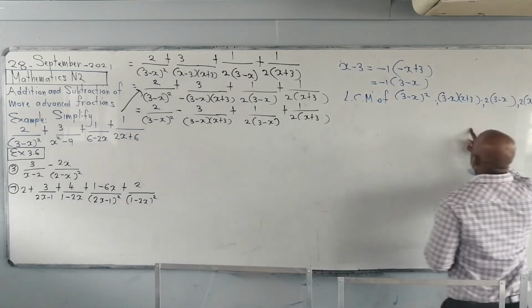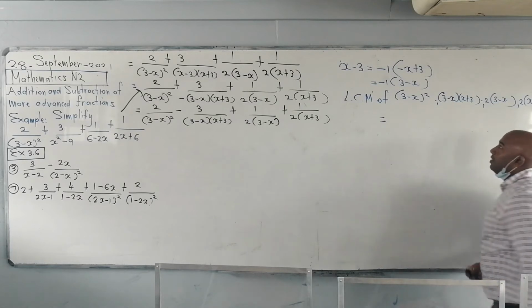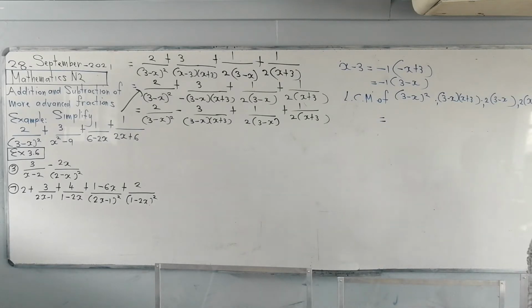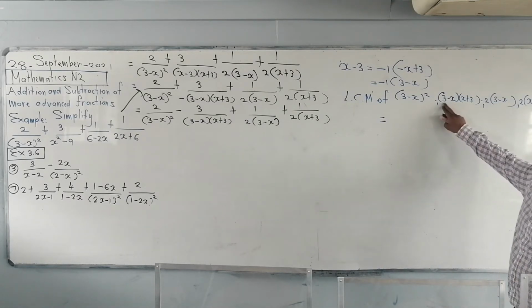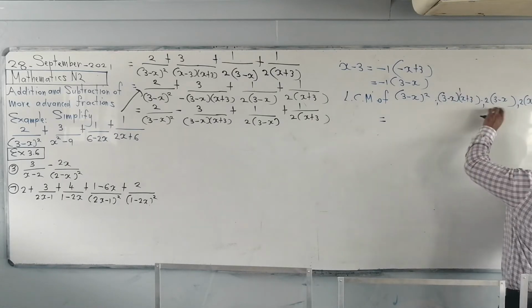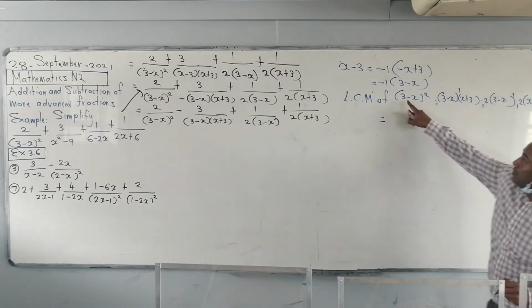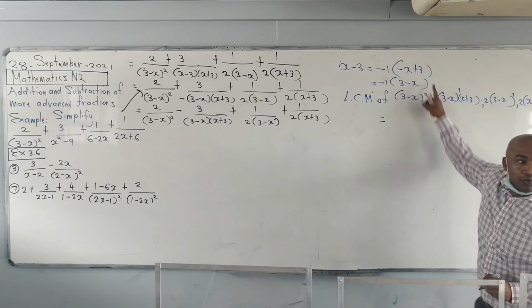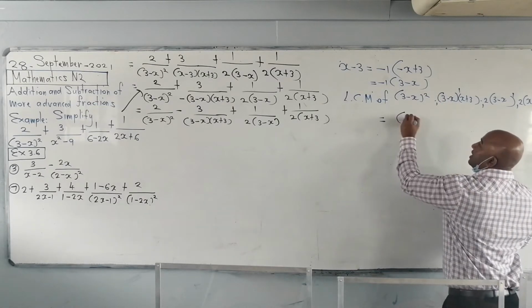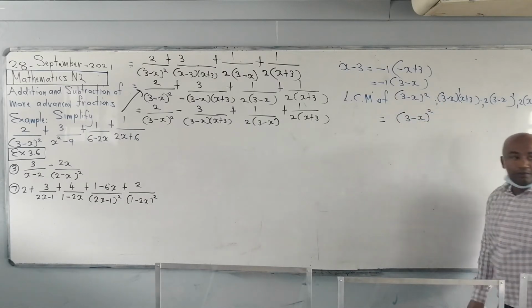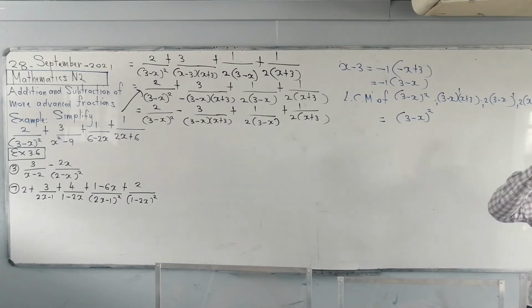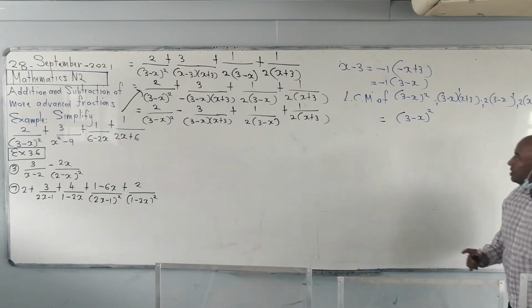So now, this is equal to, now it's going to be simpler. You can say, look for repeated factors. I got 3 minus x to the power 1, 3 minus x to the power 1, but this one is 3 minus x to the power 2. So therefore, I'm going to take 3 minus x to the power 2. Because those bases are repeated, take the higher power, always.